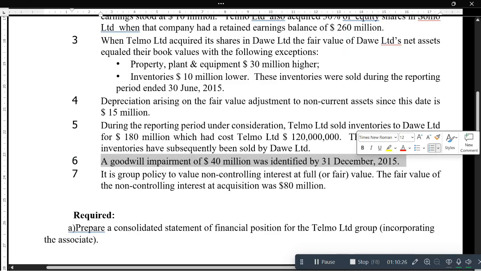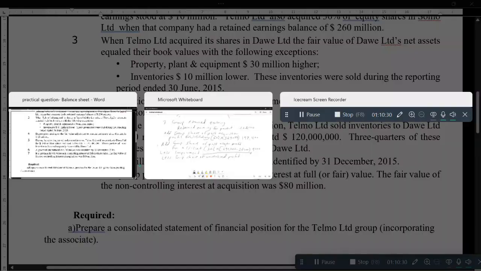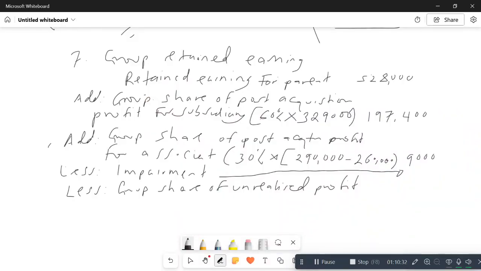Goodwill impairment affects our retained earnings. So we shall bring and we subtract our 40,000 here. And after that, we less group share of unrealized profit, that is, it was 15,000.